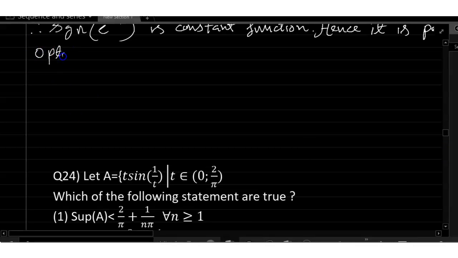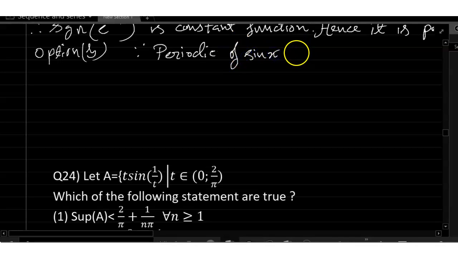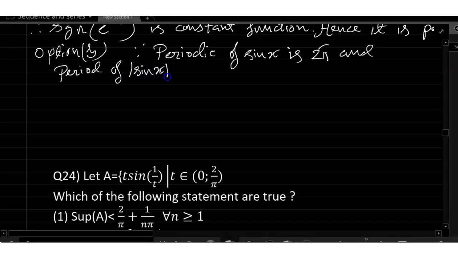Now for option B. Option B, the period of sin x is 2 pi, and the period of mod of sin x is pi.